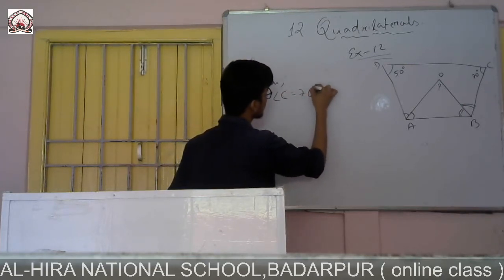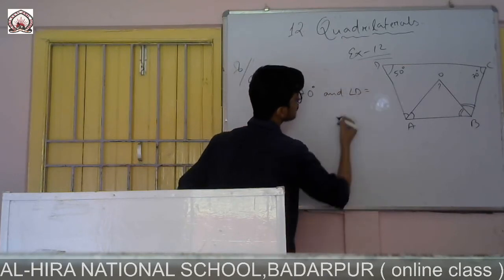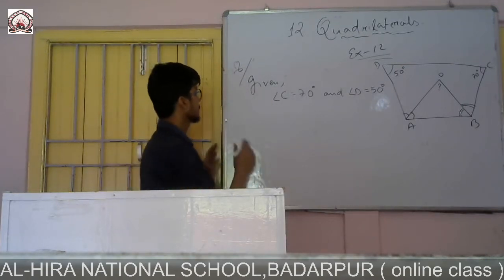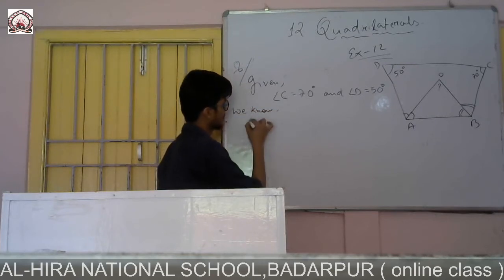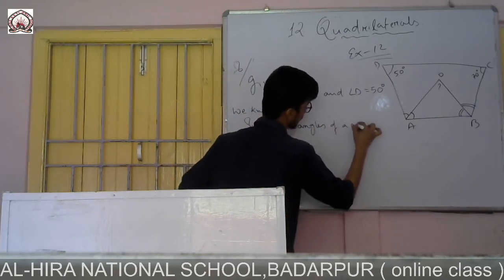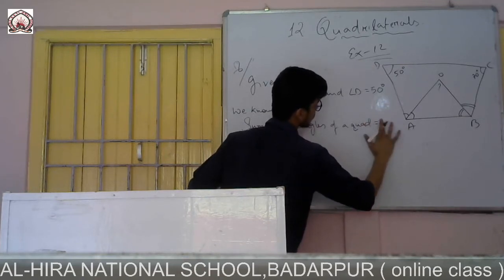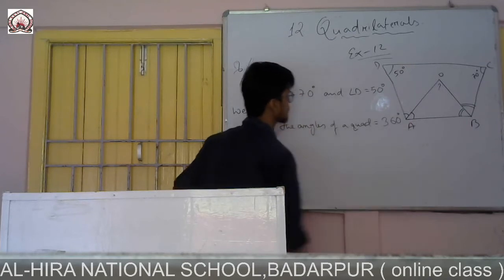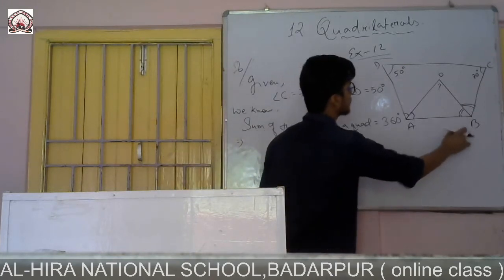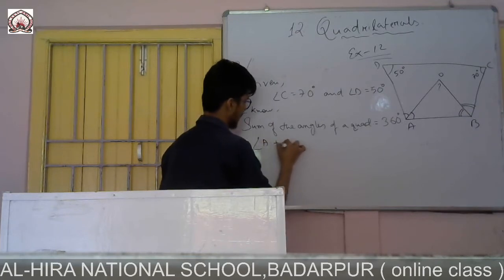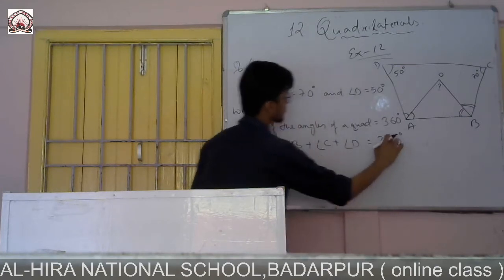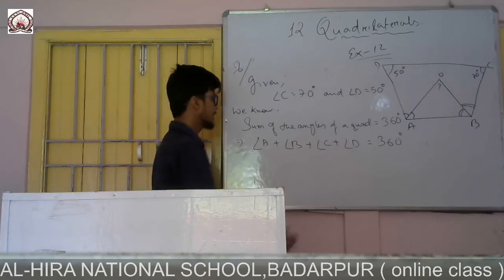Angle C equals 70 degrees and angle D equals 50 degrees. So we know the sum of the angles of a quadrilateral is equal to 360 degrees. The sum of the angles means angle A plus angle B plus angle C plus angle D equals 360 degrees.